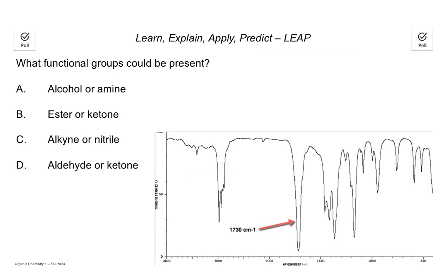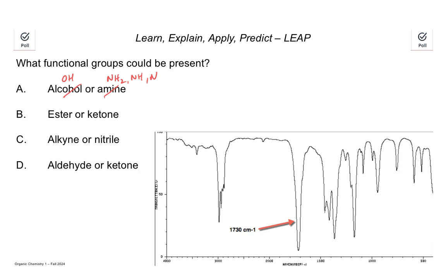So this question says, what functional groups could be present? Alcohol is OH, amine can be NH2, NH, or N, but we eliminated both of these based on region 1, and the fact that it's an even mass also eliminates an amine.